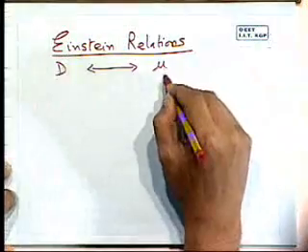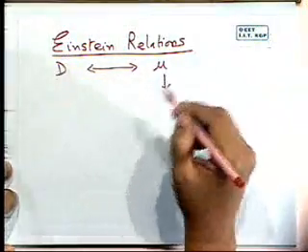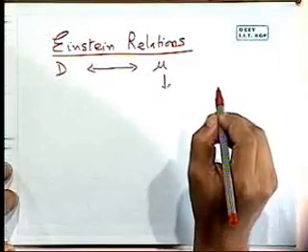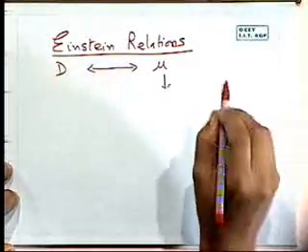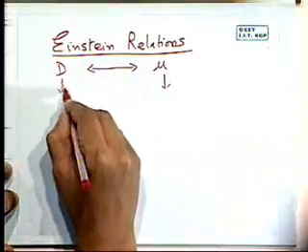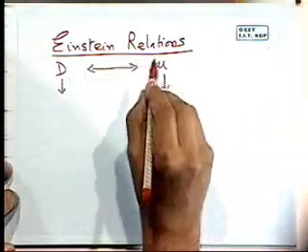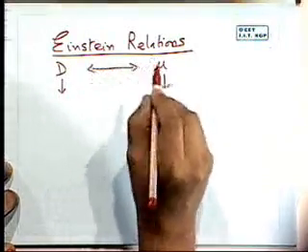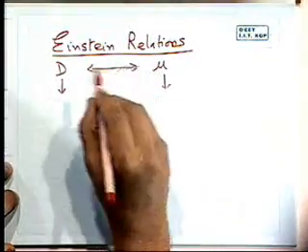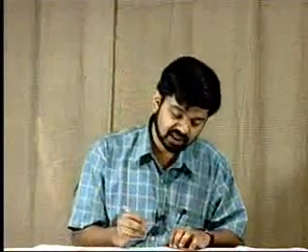When you think about it, mobility is a measure of the ease with which the electrons can move through the material under the influence of an applied field. Diffusion coefficient is also a measure of the ease with which the electron or the hole can move through the material under an applied concentration gradient. So they are not completely dissimilar as we might think at first glance. They both refer to the ease with which the carriers can move in the semiconductor, albeit under different gradients.